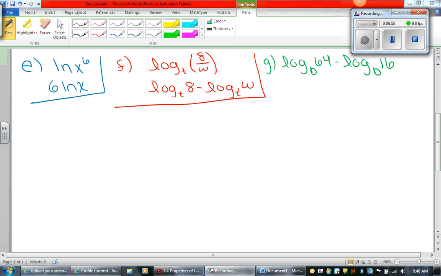We're writing it as a single logarithm, we're condensing it: log base b of the first, that's our numerator, over the second, which is our denominator. If we wanted to go further, we could say that this is log base b of 4. Not necessary if we're being asked just to condense.